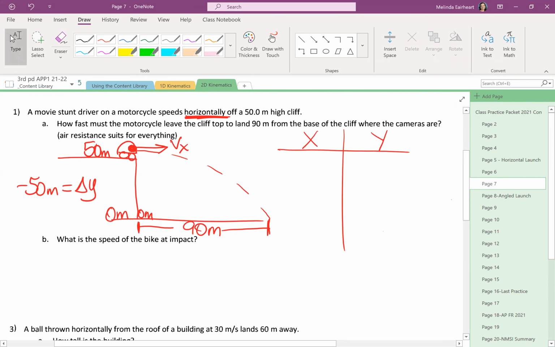Before we start putting in the 50 and 90, what are some of the things that are true for all projectiles? Let's put that in there. What was true about our water balloon, our rock example? It's in free fall. Tell me more. Good.